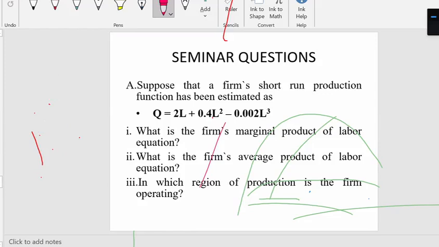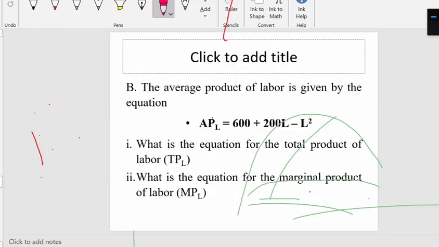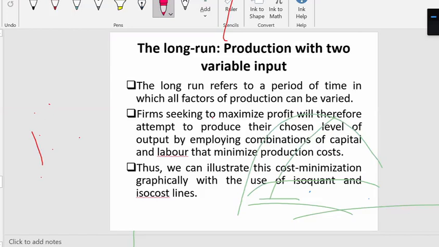There are some questions here, but you can do them by yourself. They are very simple. Okay, now let's see the long run. That one was the short run production. What is the difference? When you talk about the long run, the long run refers to a period of time in which all factors of production can be varied.